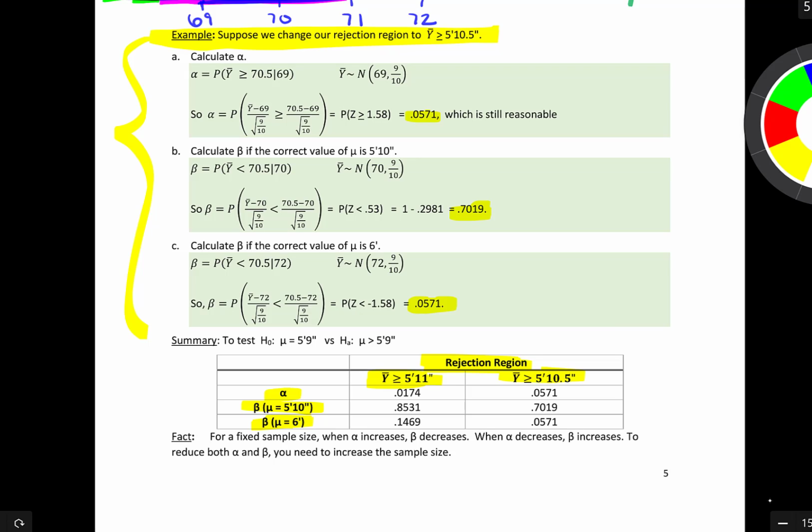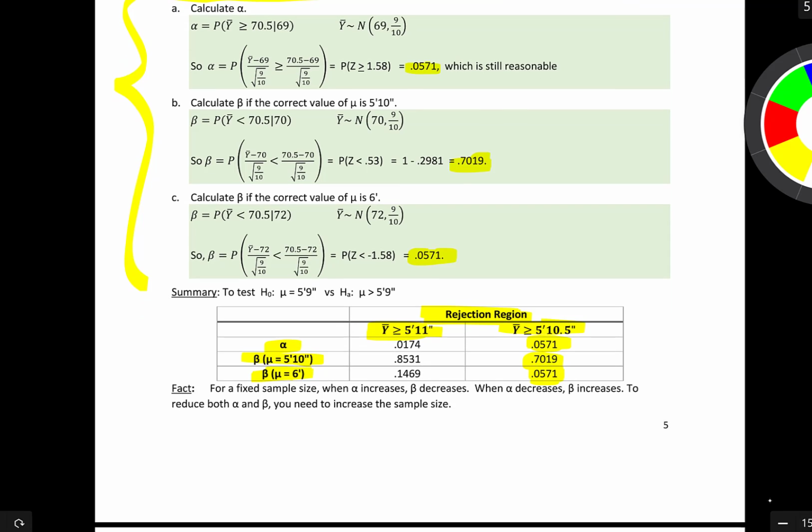We can see that by bringing our rejection region closer to the value of the null, we get slightly worse values for alpha, but much better values for beta. So again, take a moment and look at this. What this suggests is that for a fixed sample size, when alpha increases, beta is going to decrease. When alpha decreases, beta increases. So to reduce both alpha and beta, you're going to have to increase the sample size.